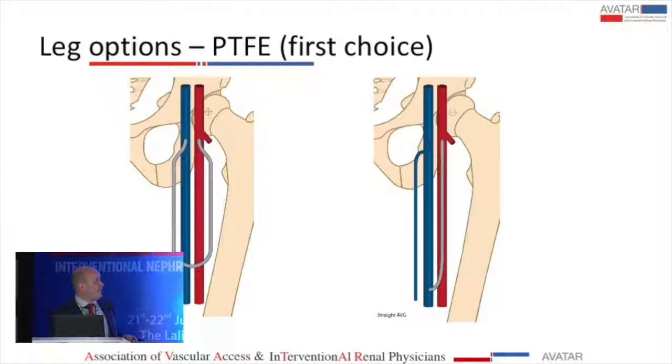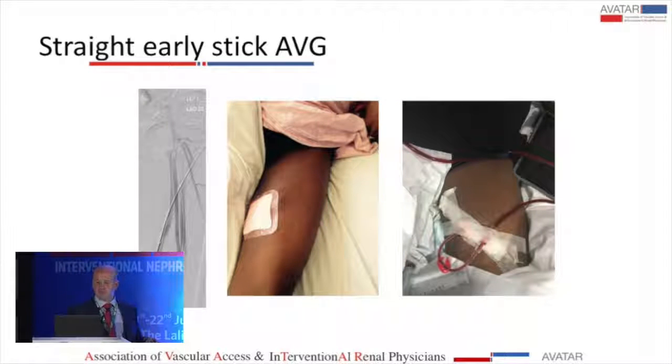And then if this goes down at the venous end, of course you can angioplasty it, but when you're sick of angioplasting it, you can bring it to here, or you just keep moving up the leg if you need to. So this is a straight early stick AV graft in a lady with mixed connective tissue disorder. She was on lines for about 20 years.